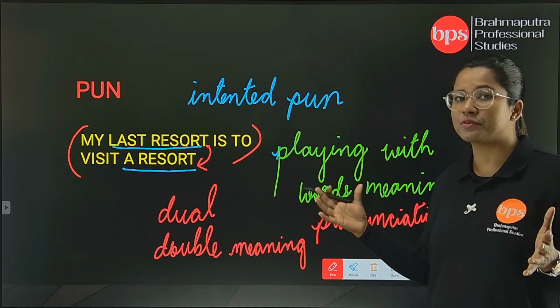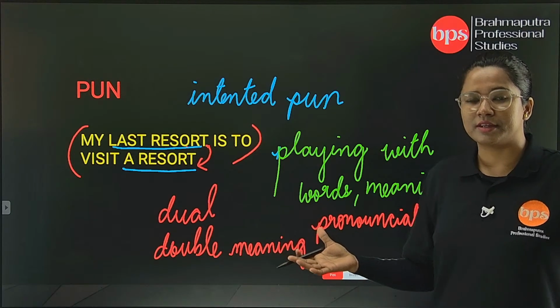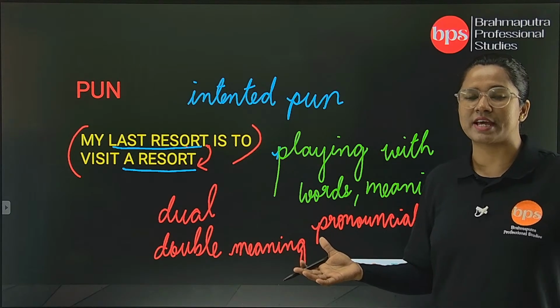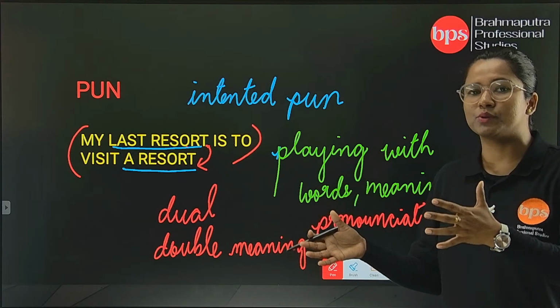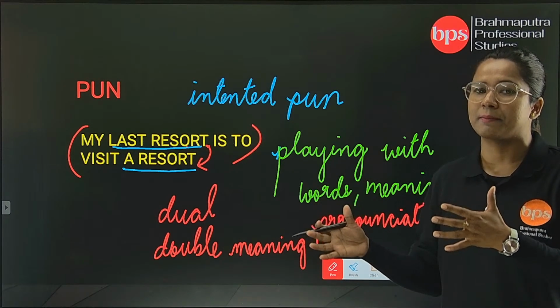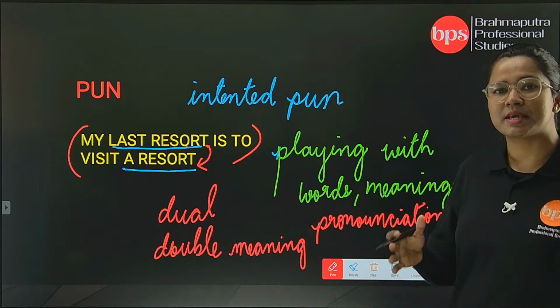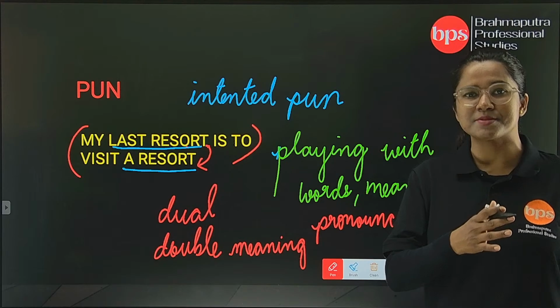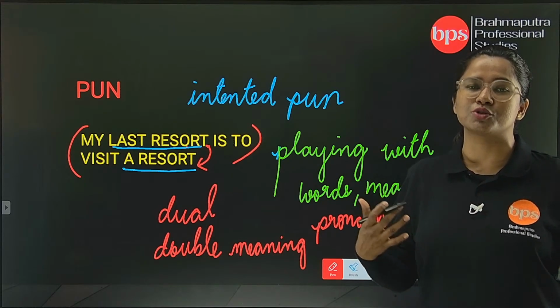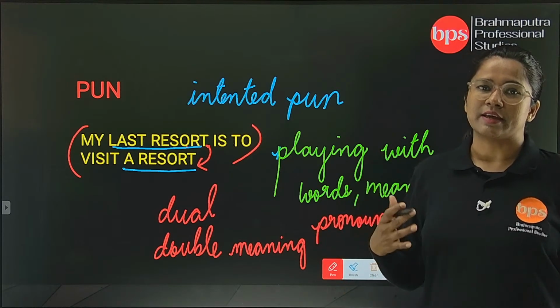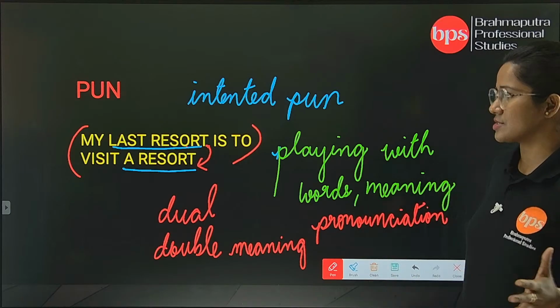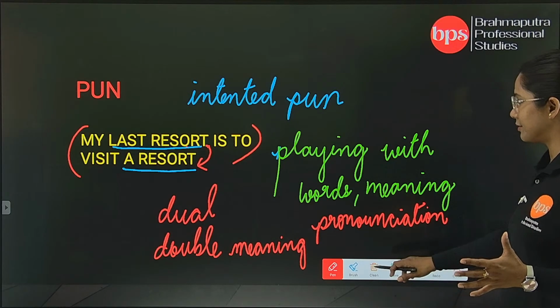So try to find them in newspapers or advertisements. This will help you identify and relate them with your exam paper. You will be clear with the concepts, and at the same time you will be able to use them in your daily lives. Hope pun is clear till here.